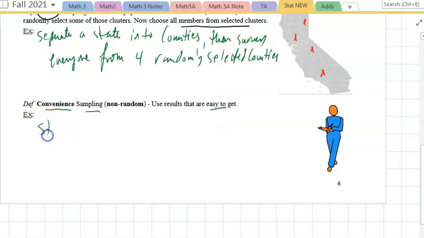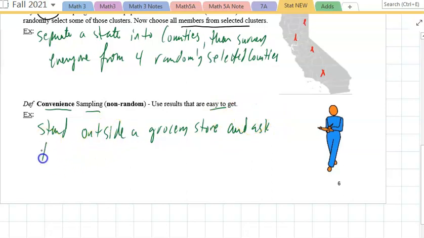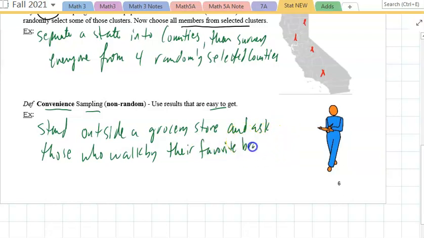Something very simple like stand outside a grocery store and ask those who walk by their favorite brand of detergent. And that concludes section 1.3.